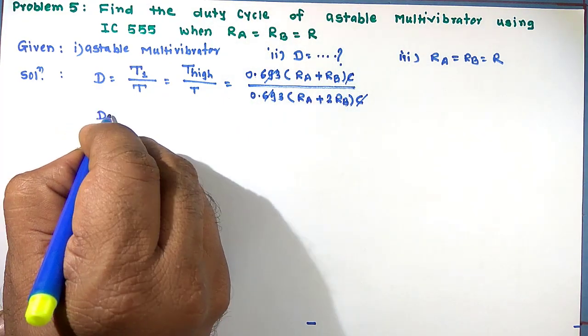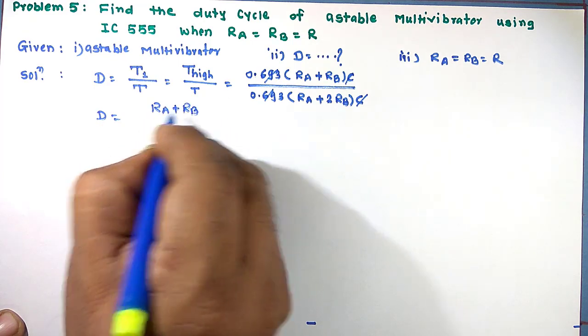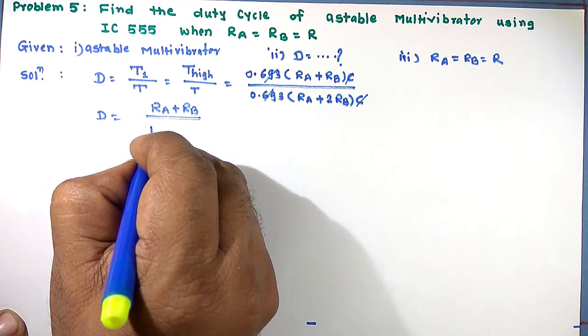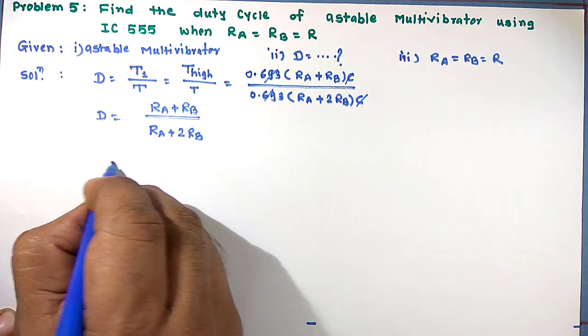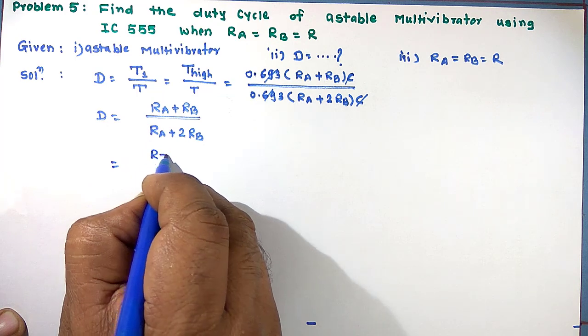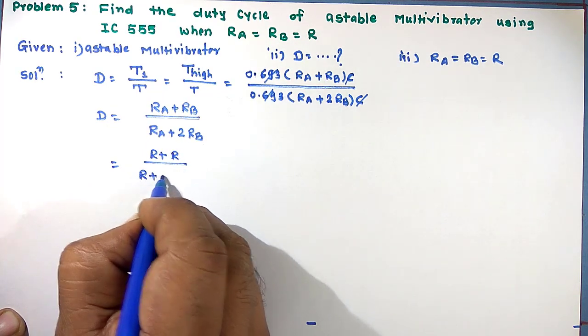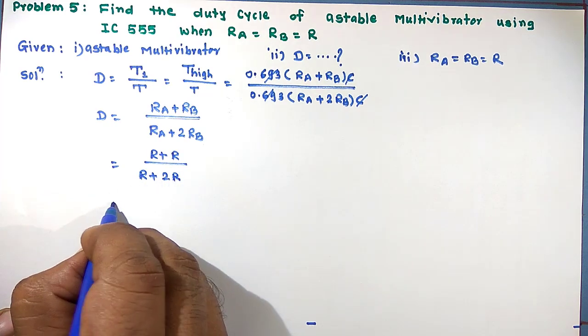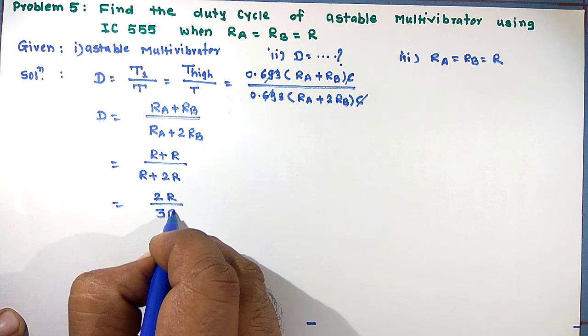So finally duty cycle D is equal to RA plus RB divided by RA plus 2RB. Hence this is equal to R plus R divided by R plus 2R, or it is 2R divided by 3R.